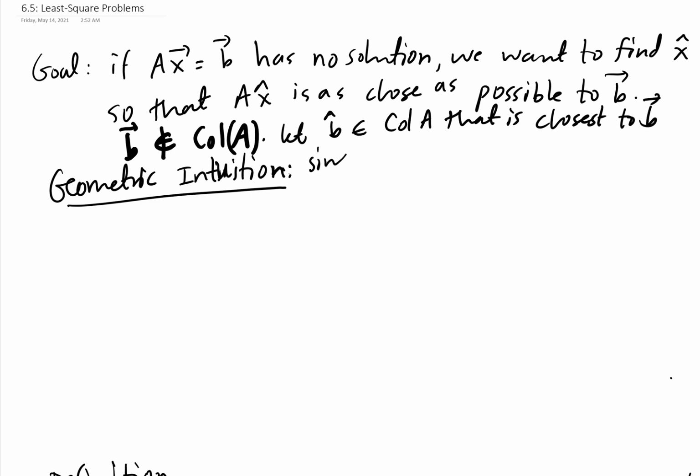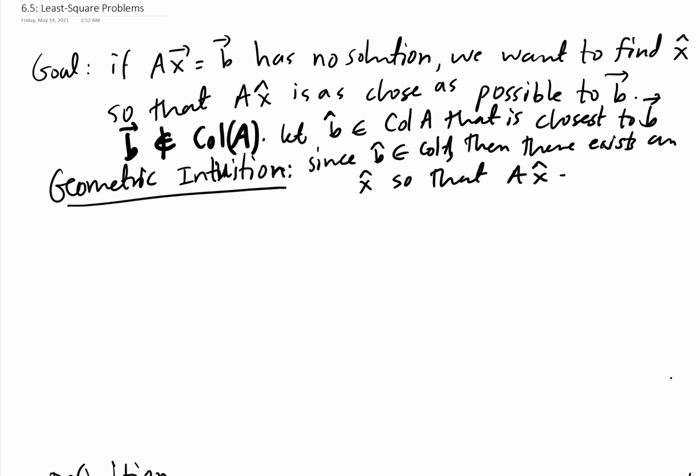Since b hat is in the column space of A, then there exists an x hat so that Ax hat equals b hat in that sense.